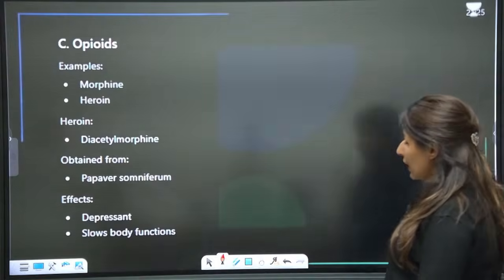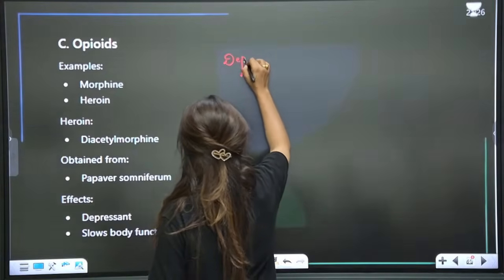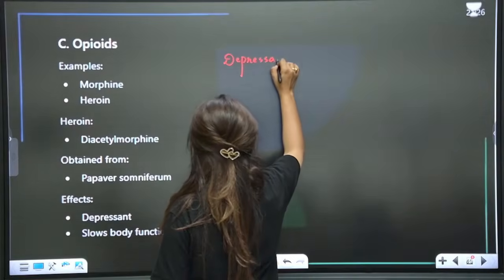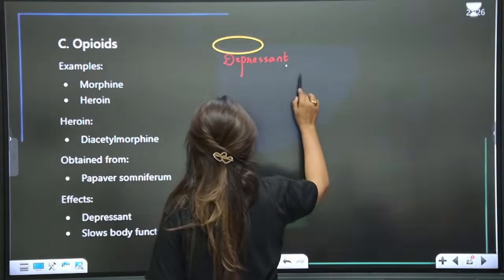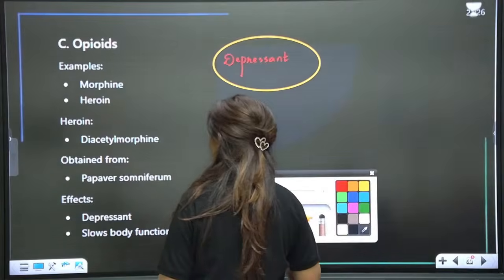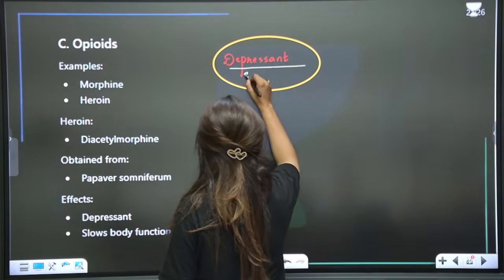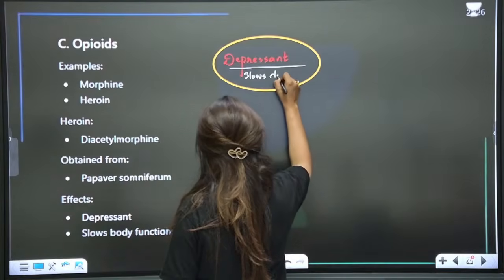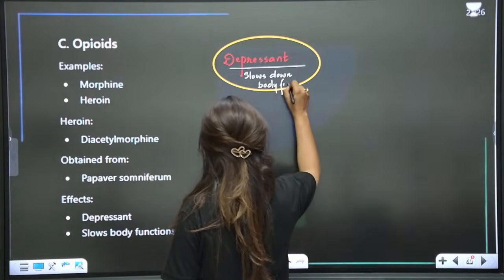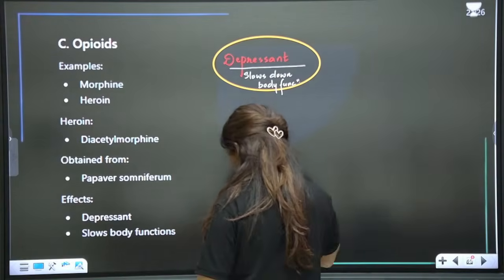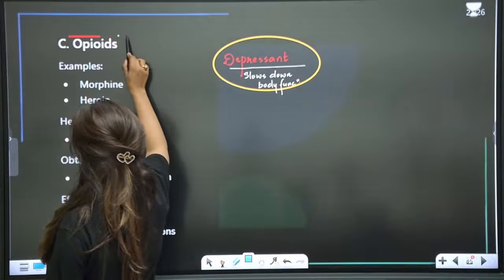And then we have depressants. For depressants, guys, the first type we are going to discuss is opioids. This is of depressant type, right? So it is going to slow down the body functions. Clear to all? Now, the only type we are going to discuss is opioids.